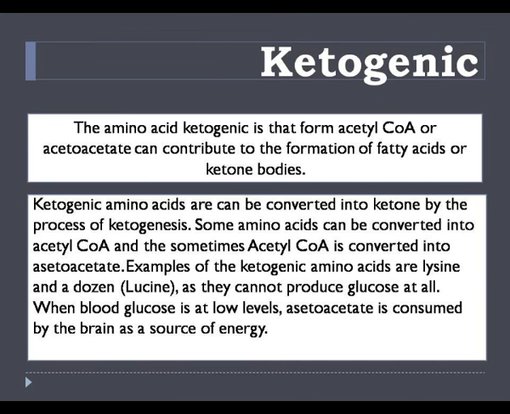Examples of ketogenic amino acids are lysine and leucine, because they cannot produce glucose. When blood glucose is at low levels, acetoacetate is consumed by the brain as a source of energy.